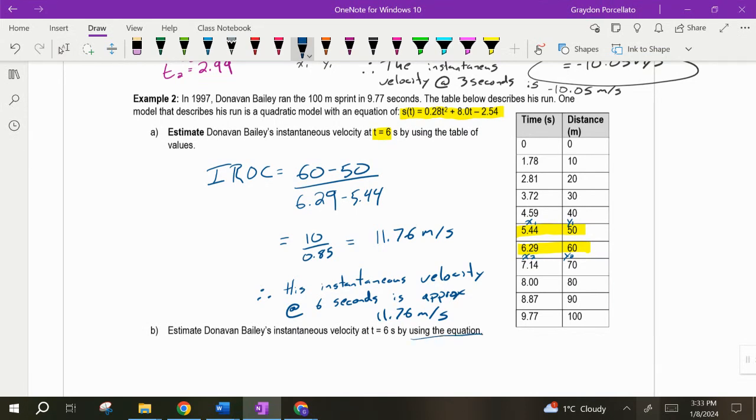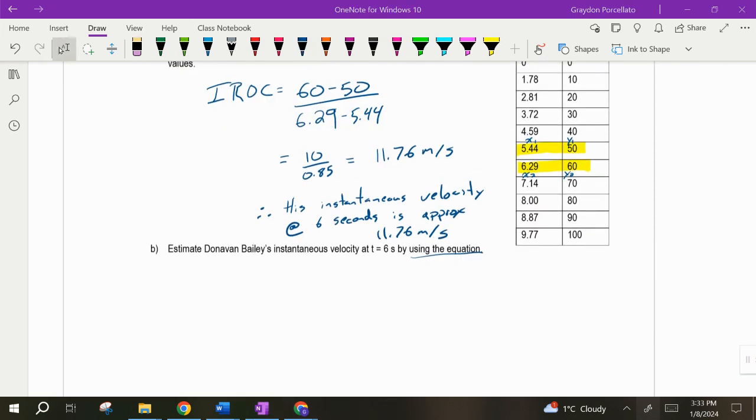So in this case, what we're going to do is sub in 6 into our equation, and we're going to pick another t value very, very close to 6 to sub into our equation. So I'm going to sub into my equation t equal to 6. This is going to be my t1. And then I'm going to sub in a number very, very close to 6.